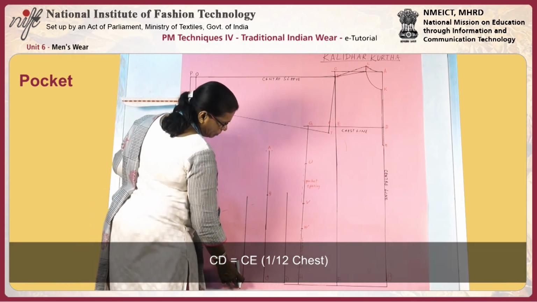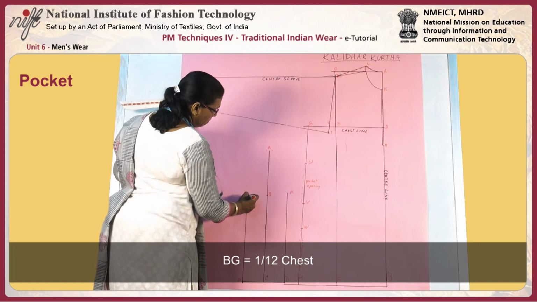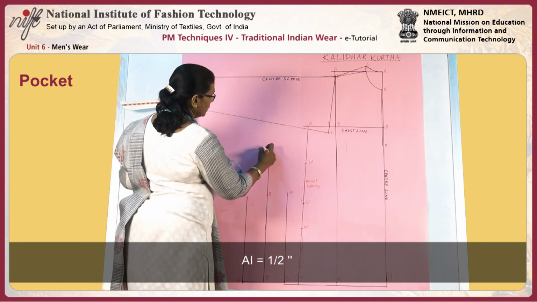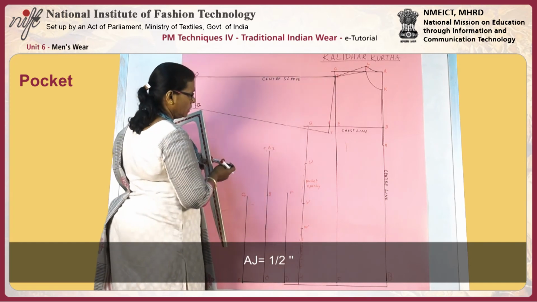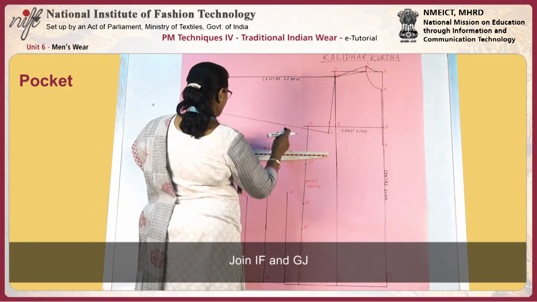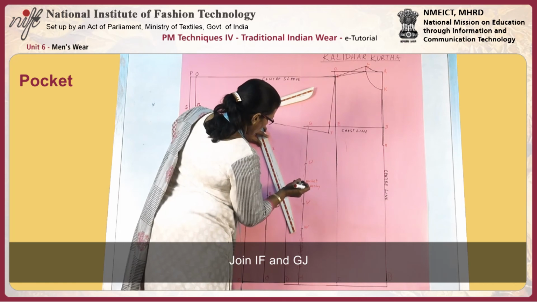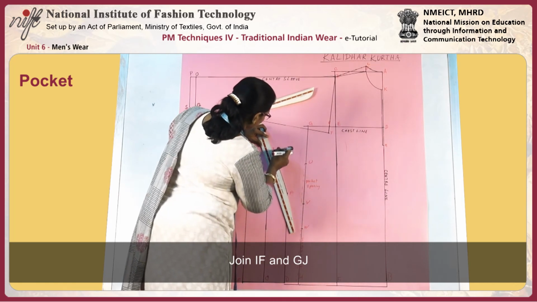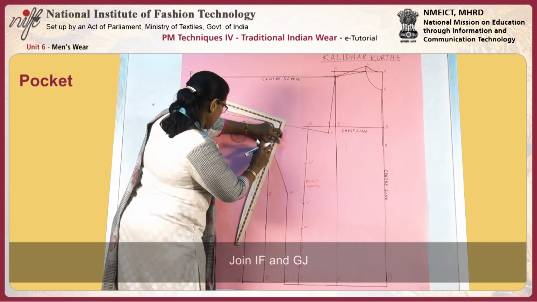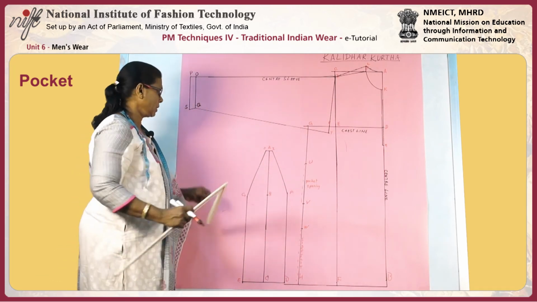CE is equal to chest by 12, BF chest by 12, BG chest by 12, AI 1/2 inch, AJ 1/2 inch. Now join IF and GJ. This is the pocket back piece.